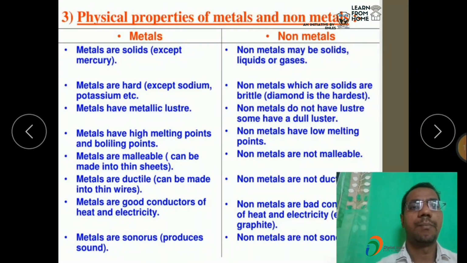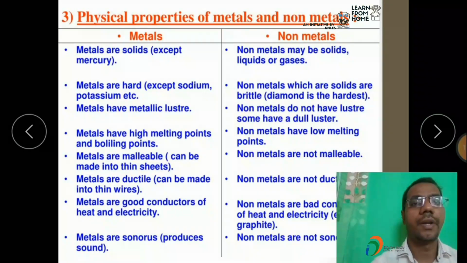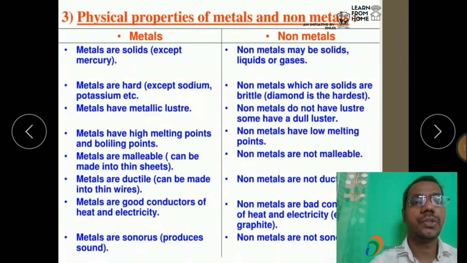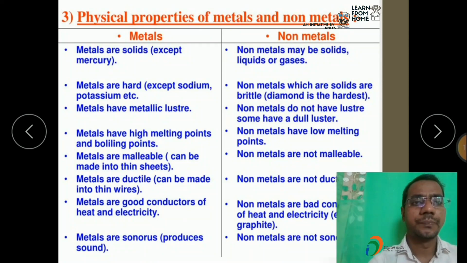Malleable means the property of an element which can be made into thin sheets by hammering. When we apply force or pressure on an element, if it is easily converted into thin sheets, it is called malleable. If it is not converted into thin sheets, it is non-malleable. Metals are solid, so they can easily be converted into thin sheets. But most non-metals are liquid or gaseous, so they cannot be made into thin sheets and are not malleable.